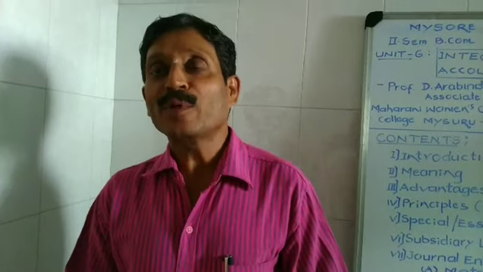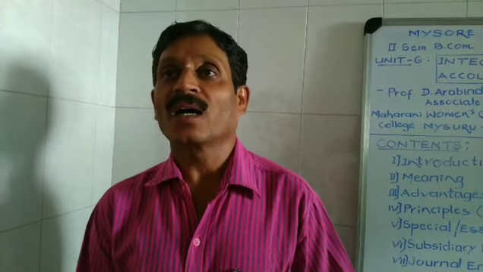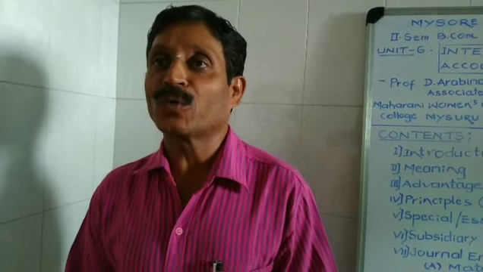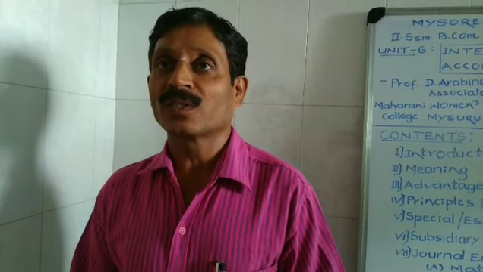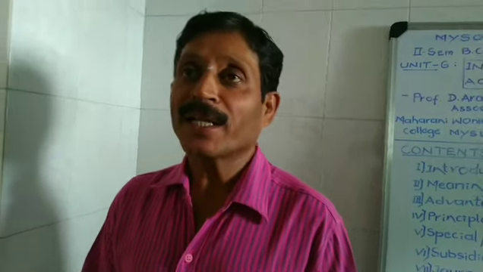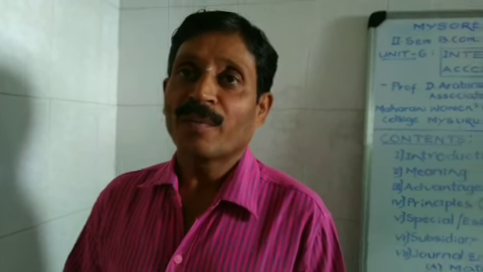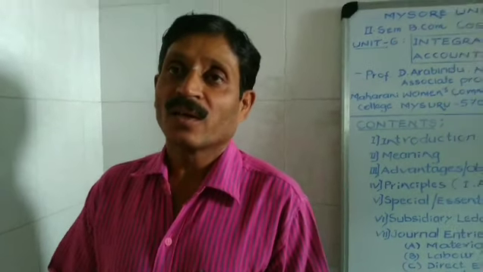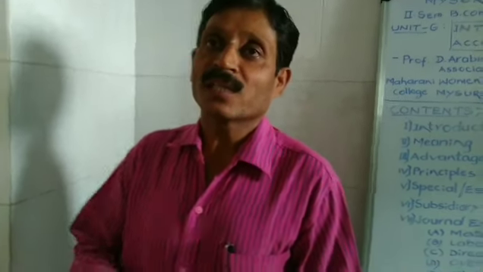Now it is the time to study the accounting systems relating to maintenance of books of accounts. One is integrated accounting system and another one is non-integrated accounting system. However, we are particularly concerned with only the integrated accounting system.